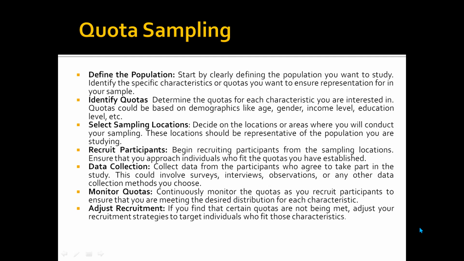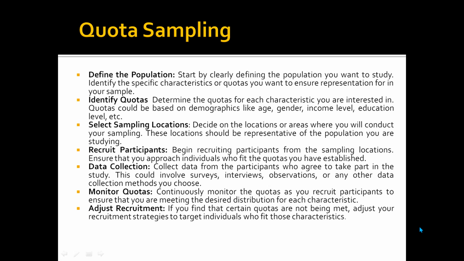Then you decide a particular location or areas where you will conduct this sampling, so that every person involved in this research will belong to one of these quotas. Then you recruit participants from this location into your sampling and collect data from them.